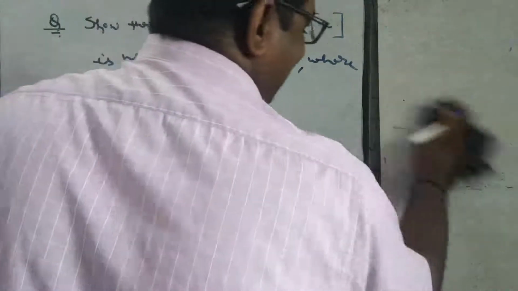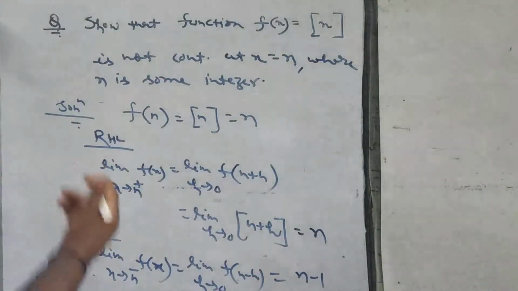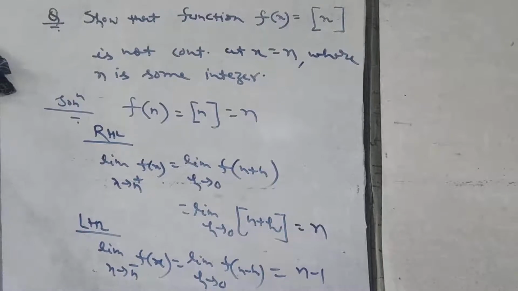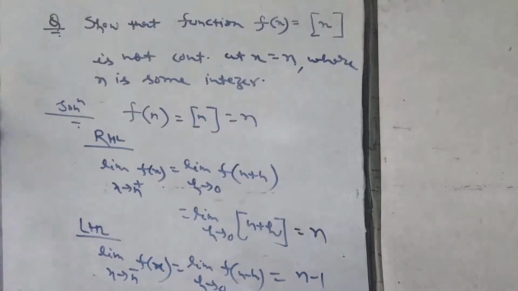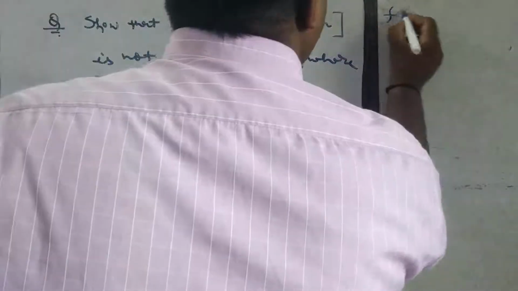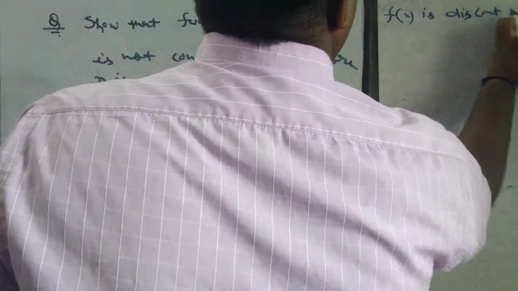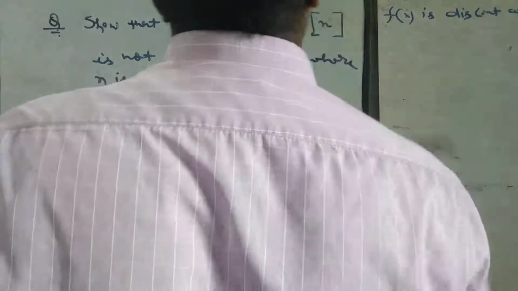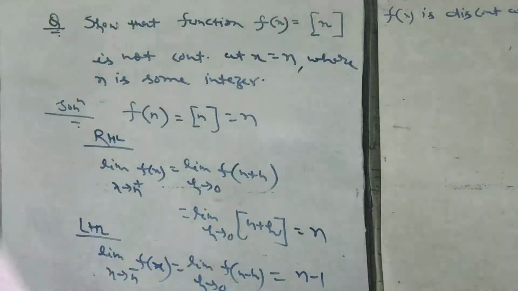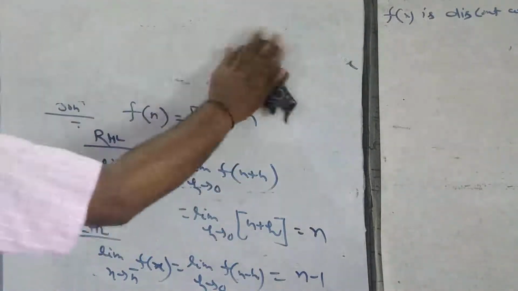It is always less than n, so n minus 1. So what we observe here is that f(n) is equal to RHL, which is not equal to LHL. Therefore function f(x) is discontinuous at x is equal to n.